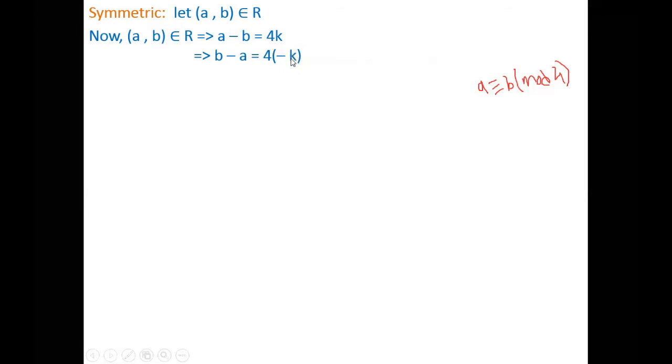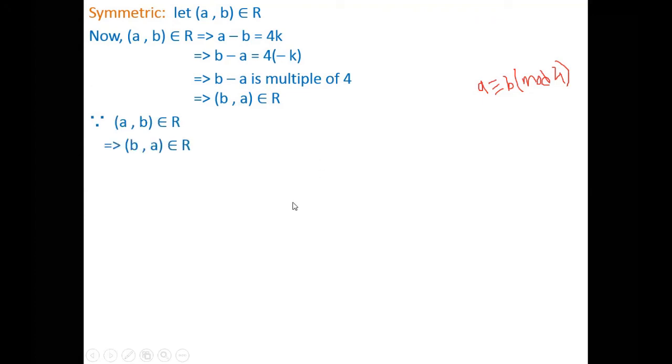So B minus A is a multiple of 4, and then (B, A) belongs to R. From here we can say that R is a symmetric relation.